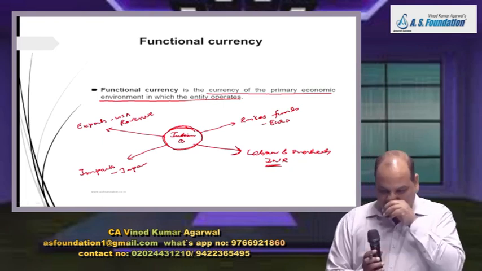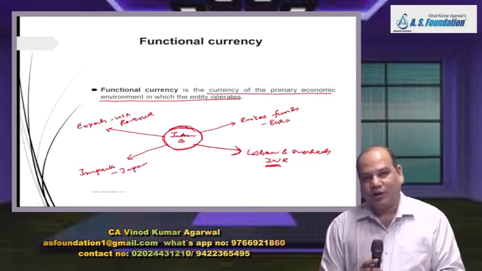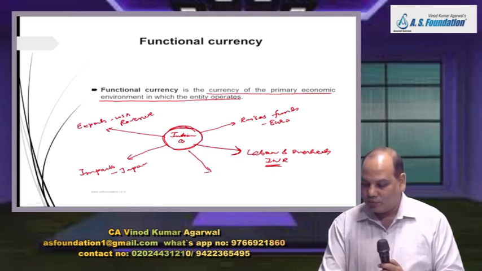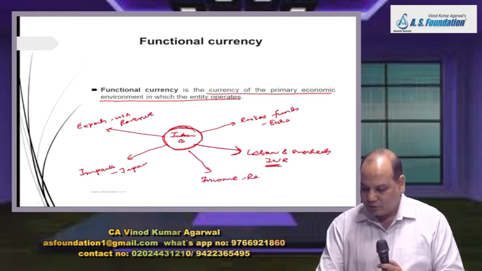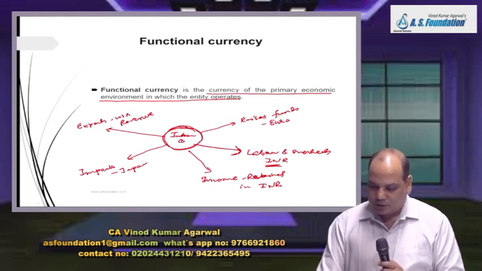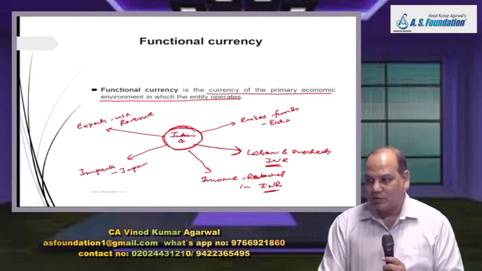And even when the dollar is earned, it is brought into India and deposited in a bank. So the income is also retained in INR. So many factors will be seen, and if after analyzing all these factors you conclude that INR is the functional currency.